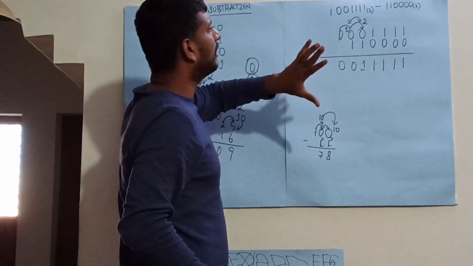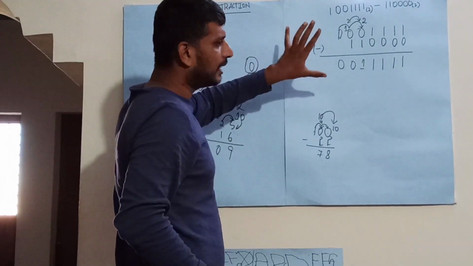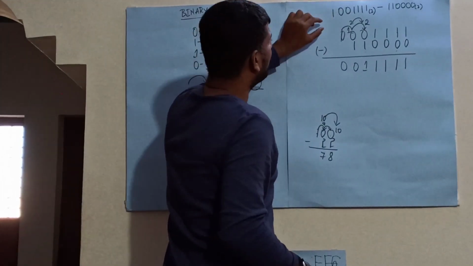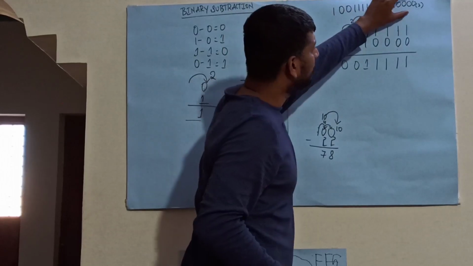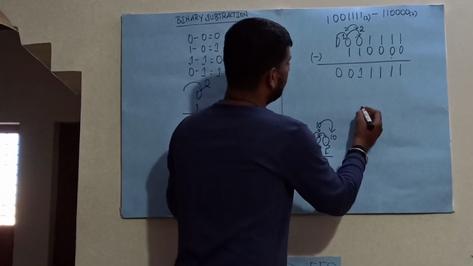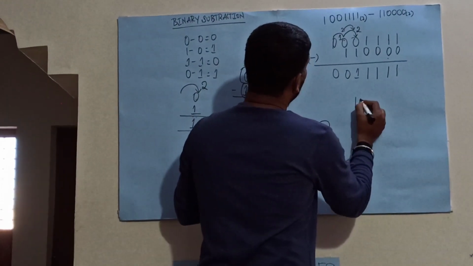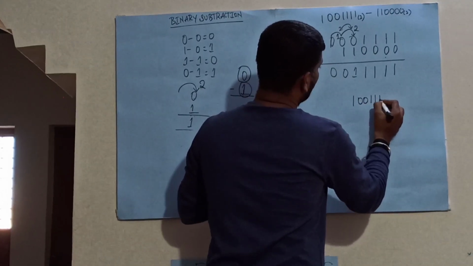Let me check whether the answer I have got is correct or not. For that, I will convert these two values to decimal values. So what is the first value I have? 1001111.